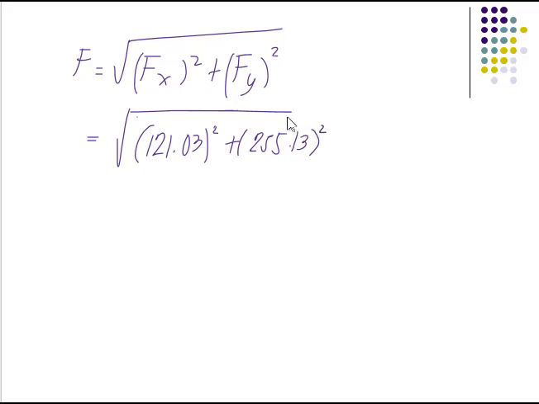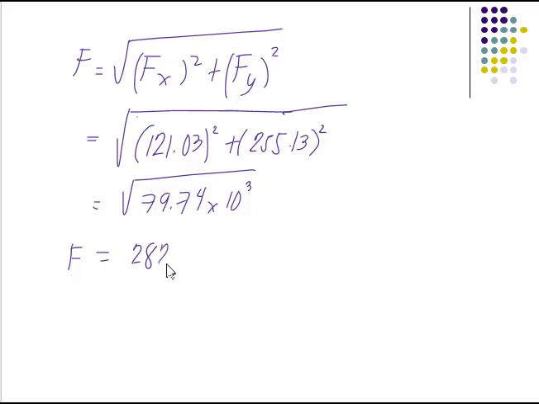Then we have the square root of 79.74 times 10 to the third. So getting the square root of that, we will have now the resultant force, which is equivalent to 282.4 newtons.